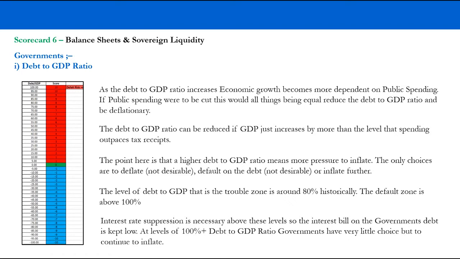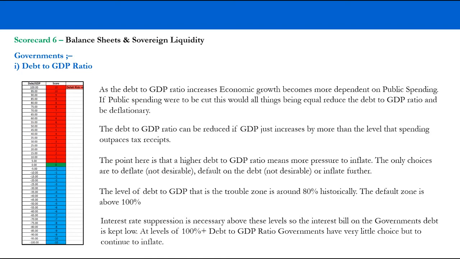And historically, when we look at capitalist history, the level of debt to GDP that is really the trouble zone, where economies or governments start to get into problems in terms of paying their liabilities, as in the interest on that debt, is around 80% historically.